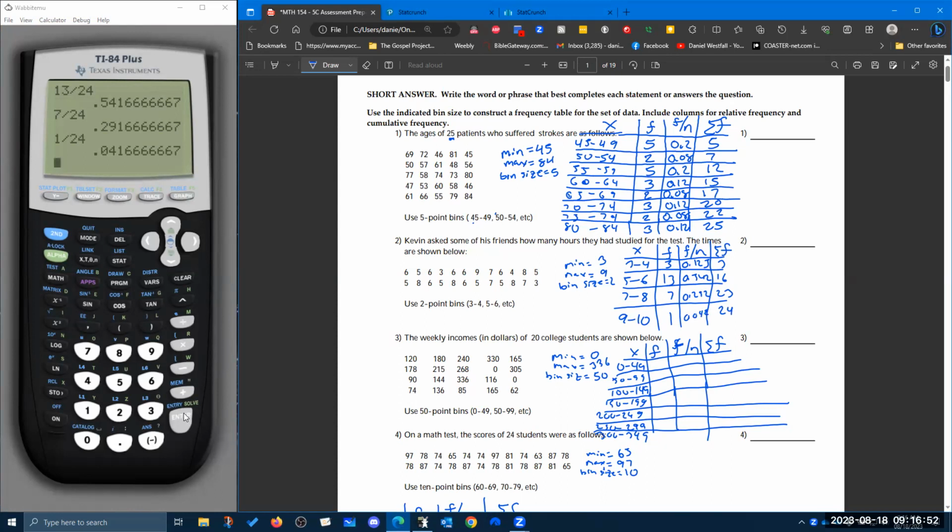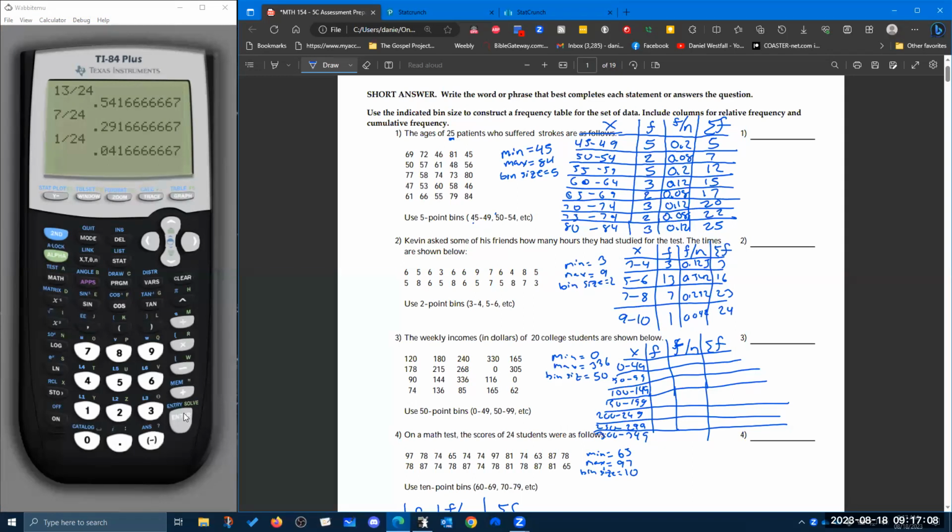So it's going to be off just a little bit from adding up to 100% because of this rounding.